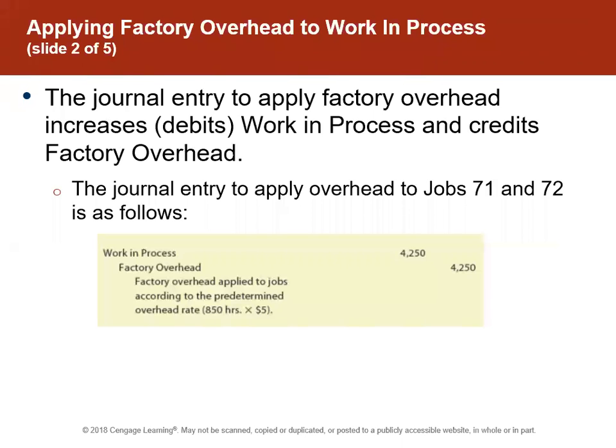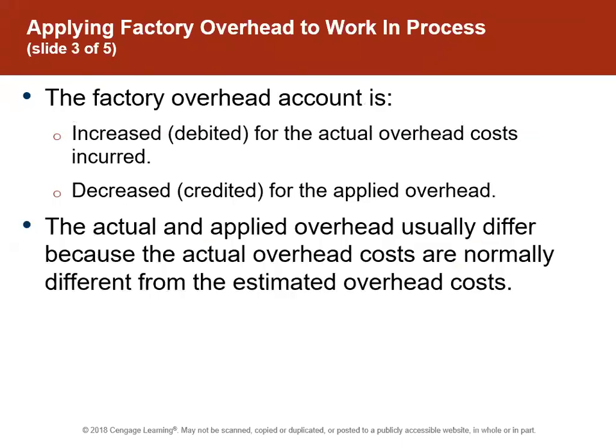So we debit work in process because those are the costs we're actually charging to the jobs, and we credit factory overhead. So again, factory overhead is debited for actual costs and credited for applied.